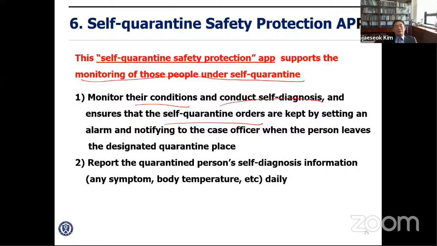It's about 10 meters wide. It is also used to report the quarantine person's self-diagnosed information on a daily basis, like any symptom and body temperature.